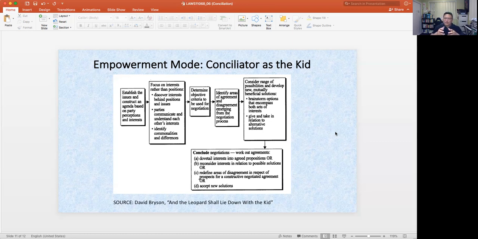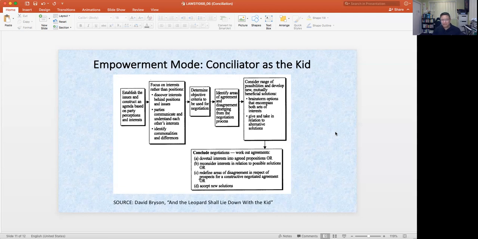So in a sense, when we speak of the empower mode in conciliation, the suggestion of Bryson essentially is that the conciliator takes the role of a mediator and in a sense gives up the power that is given to him by the courts. Now, we don't really know if that is necessarily effective.